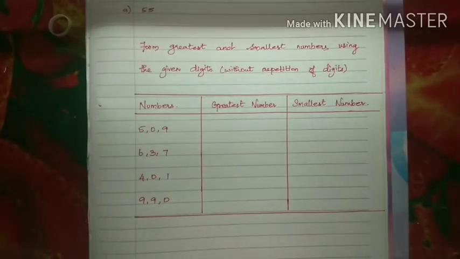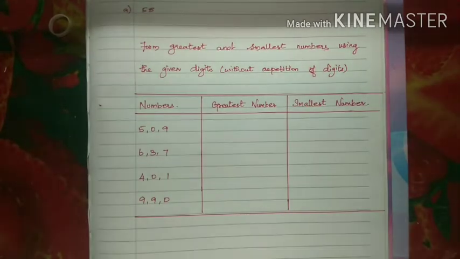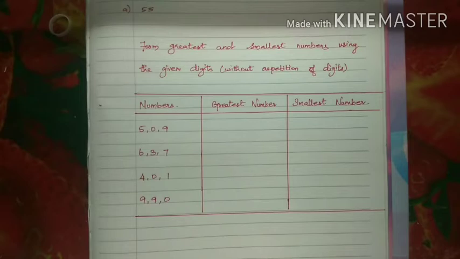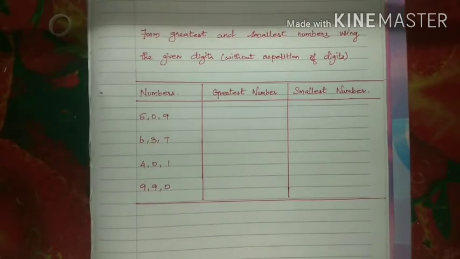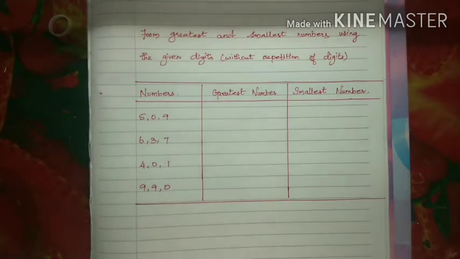Now form the greatest and smallest numbers using the given digits without repetition of digits. Here they have given the numbers.